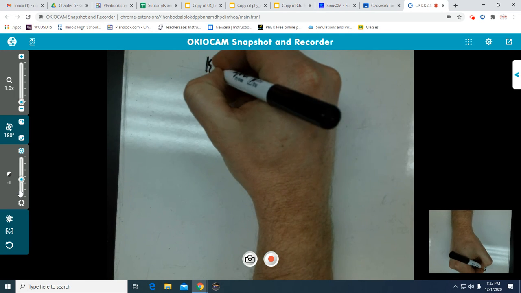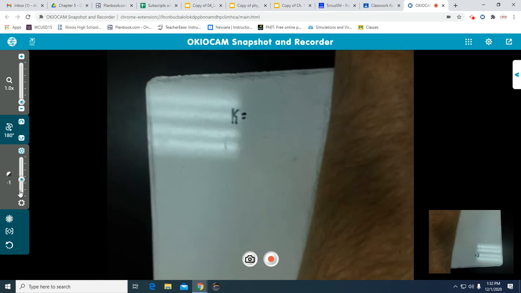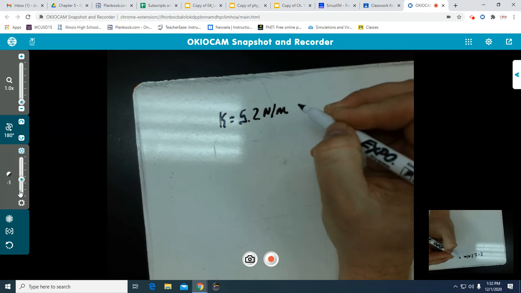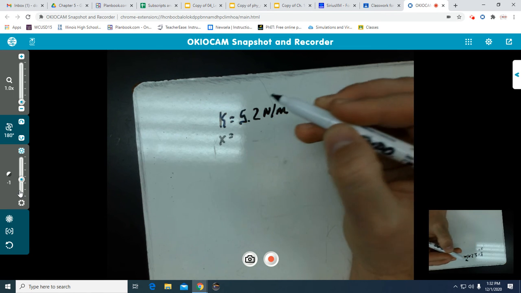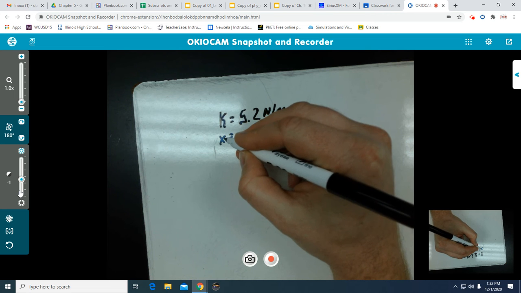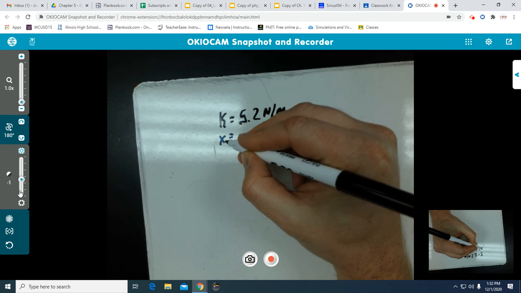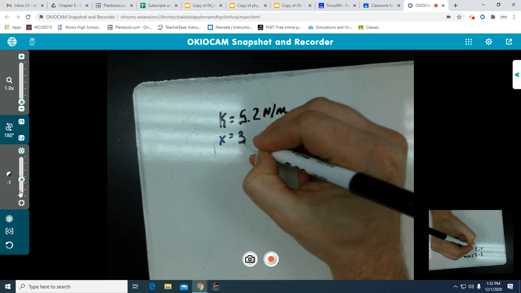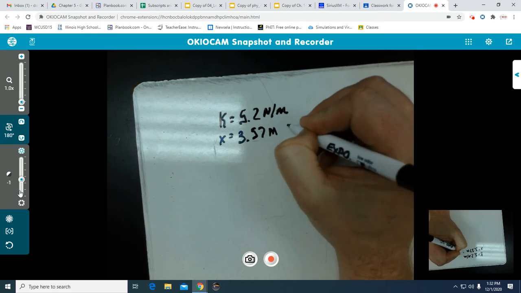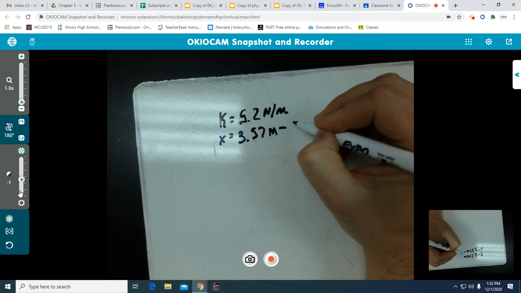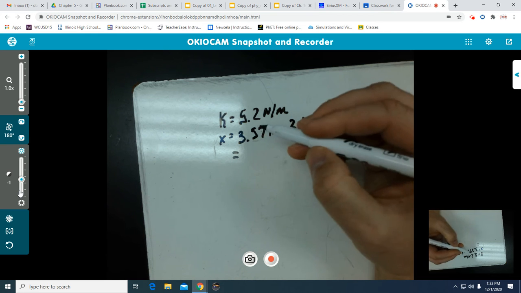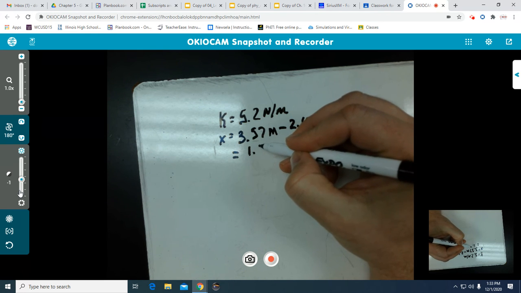What we know is our constant is 5.2 newtons per meter, and the stretched length of the spring is 3.57 meters, minus what it starts out at when it's relaxed, 2.45 meters.